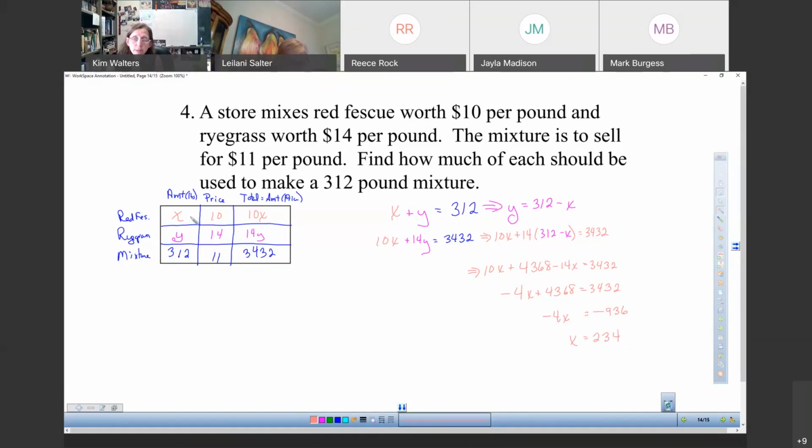So x represents the amount of the red fescue. So that means I need 234 pounds of red fescue. And I need how many pounds of ryegrass? How many pounds of ryegrass do I need?